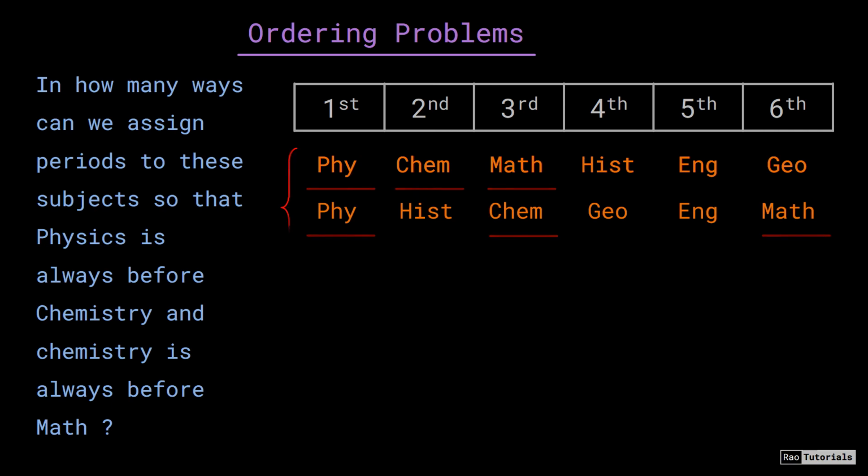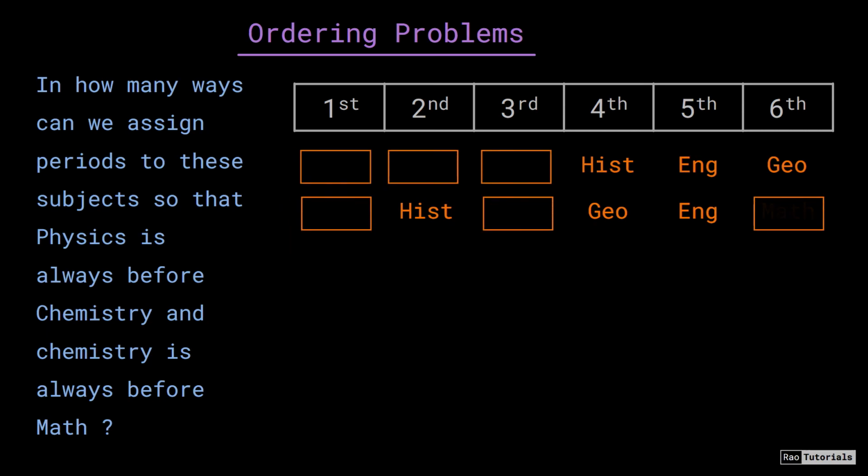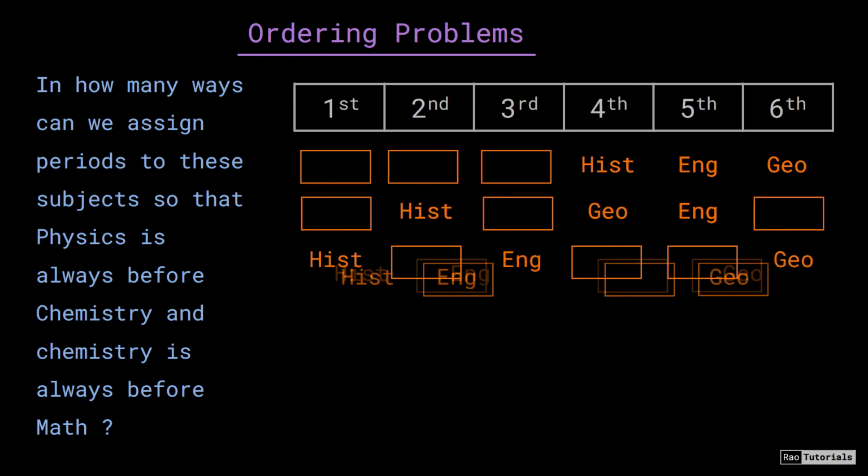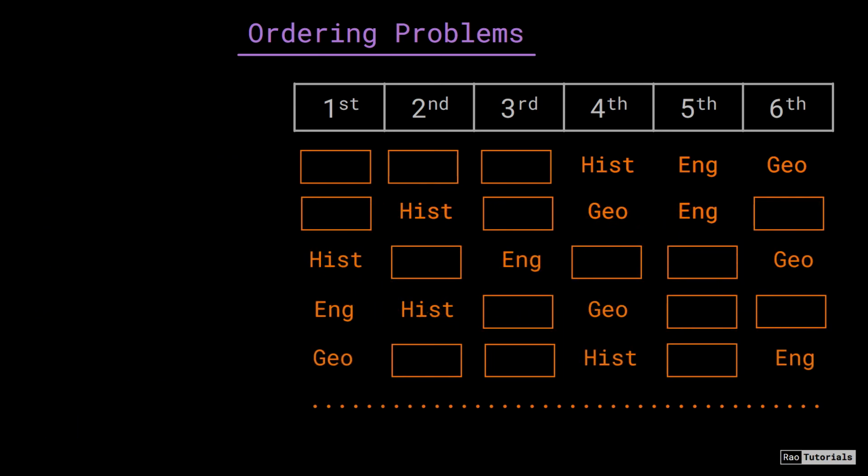To find the total number of such arrangements, we replace those things which are to be in a given order, that is physics, chemistry and math, with blanks, and then we freely arrange them. Since we are arranging 6 things, of which 3 blanks are identical, the total number of such arrangements is 6 factorial by 3 factorial.